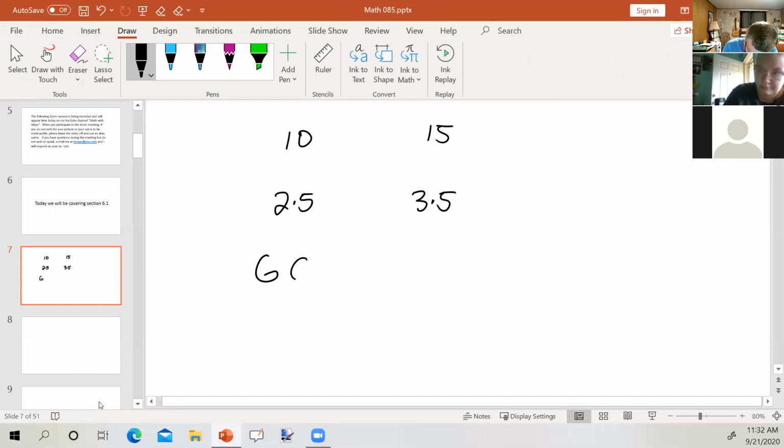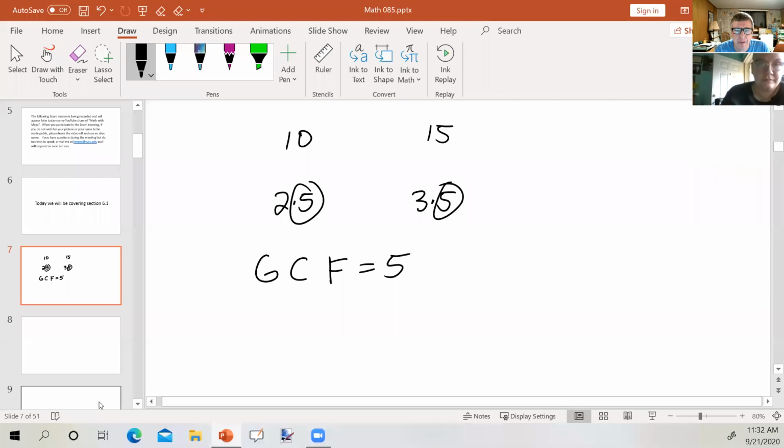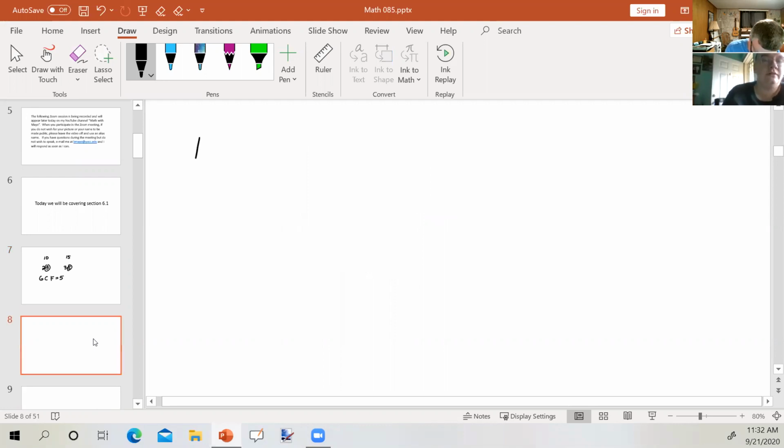So the greatest common factor, well, what's the largest factor that they both have in common? That would be the 5. So the greatest common factor of 10 and 15 is 5. Any questions about that? All right. Let's take a look at another one.